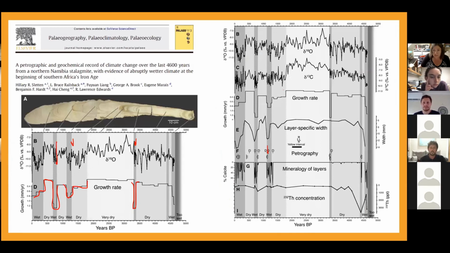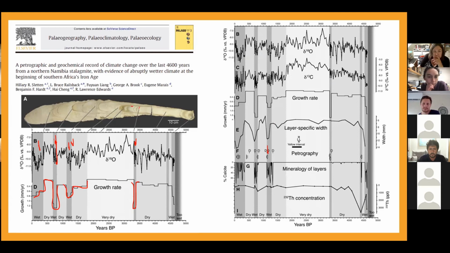We have some other studies exploring fast dripping rate and fast growth rate during periods of isotope negative excursions, like for this example in Africa, speleothems, pulses of high speleothem growth that match with negative excursions in oxygen isotopes, and also with, this is very interesting, a part of the growth rate with layer-specific width.